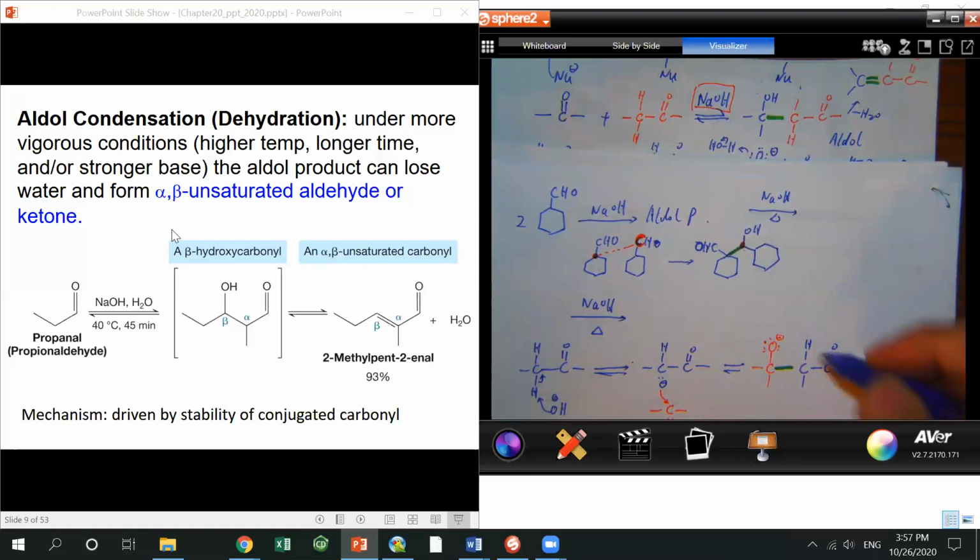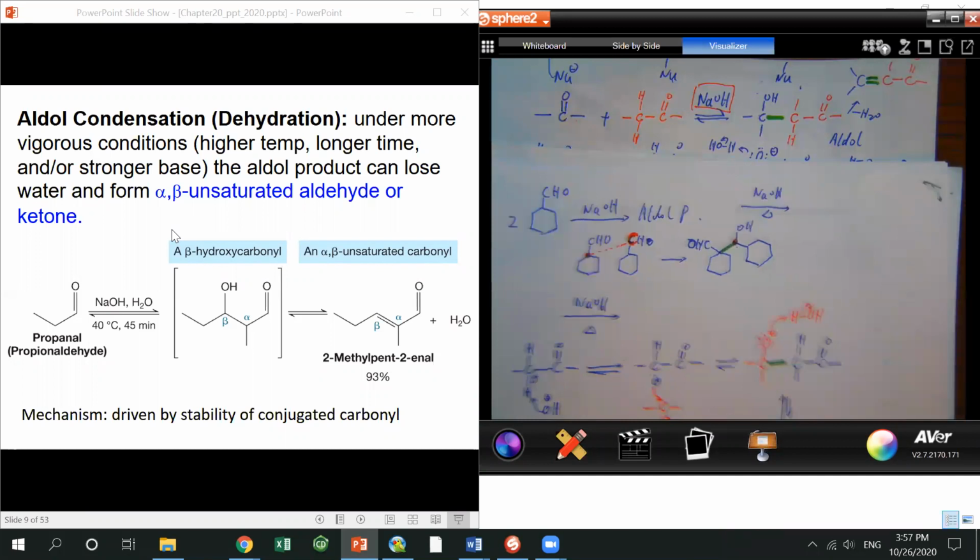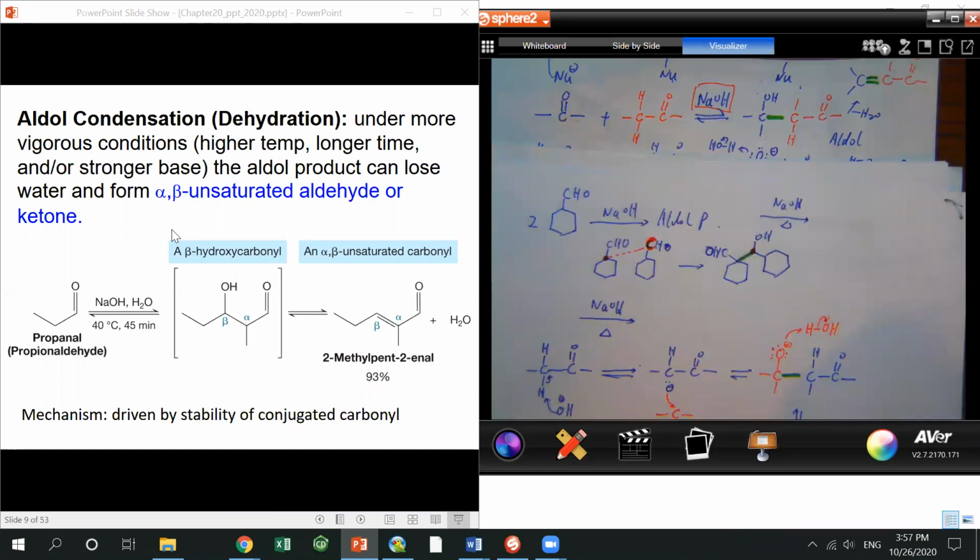Then this oxygen minus picks up one hydrogen from solution, normally from water, so we generate water. In this step water gives back one hydrogen, and you generate the aldol product. You can add the lone pair electrons back on.